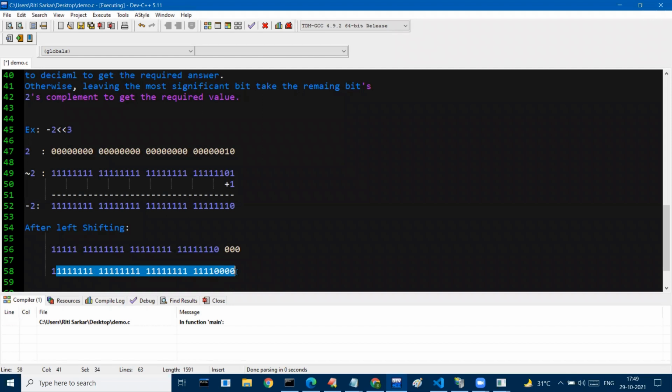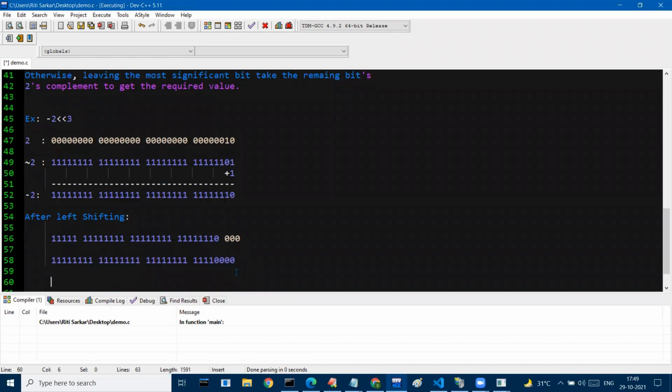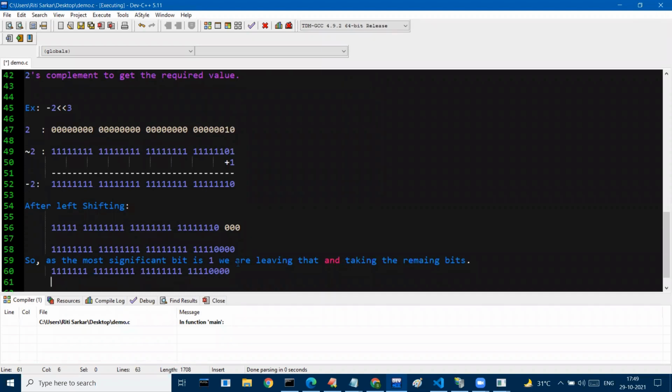This is the remaining bits, from here to here.